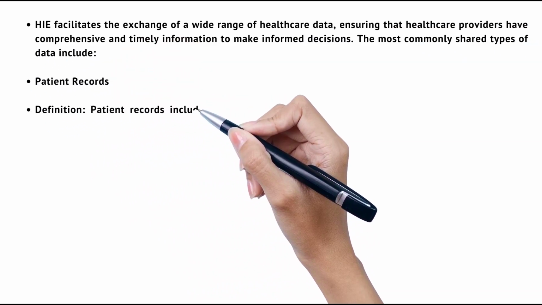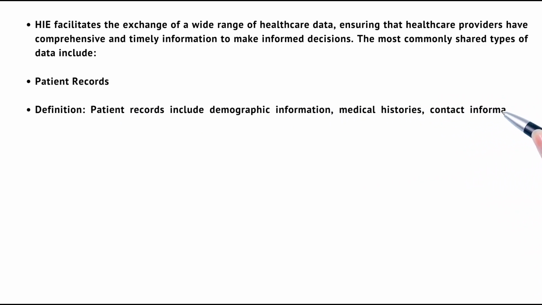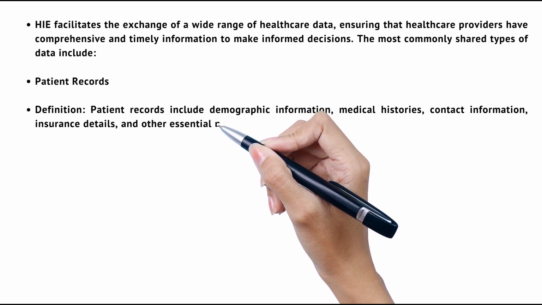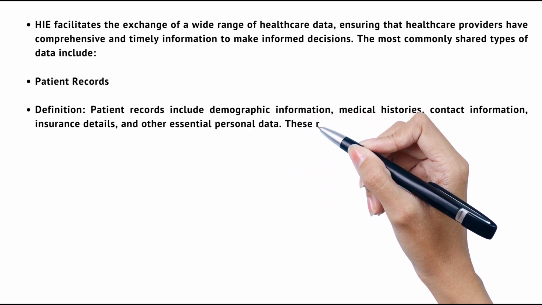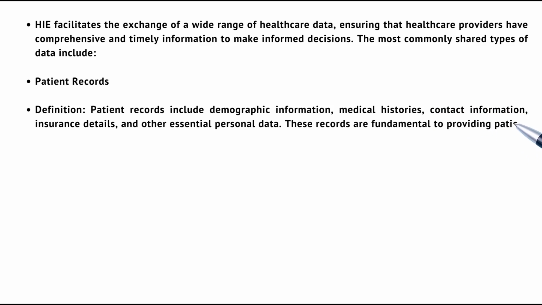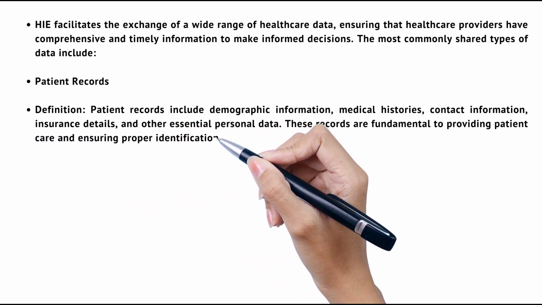Definition. Patient records include demographic information, medical histories, contact information, insurance details, and other essential personal data. These records are fundamental to providing patient care and ensuring proper identification and treatment.